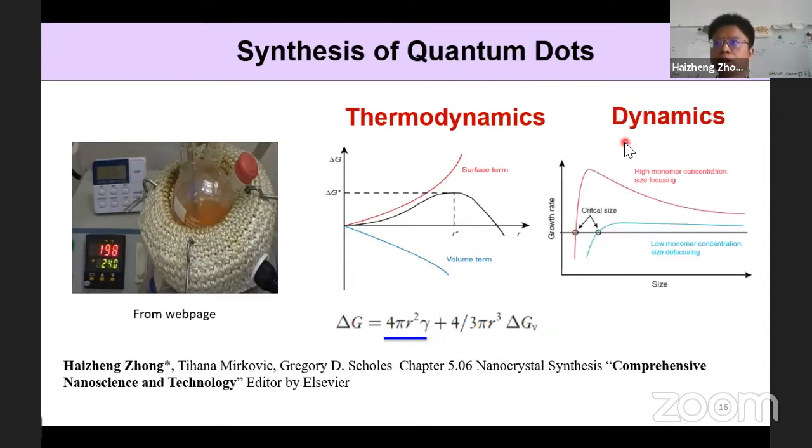And from the viewpoint of dynamics, the key point is that the growth of small size particles is much faster than the larger size. This makes the size distribution of QDs narrow down as the reaction is prolonged, which is quite important. The most successful fabrications give high quality quantum dots with size distribution less than 5%.